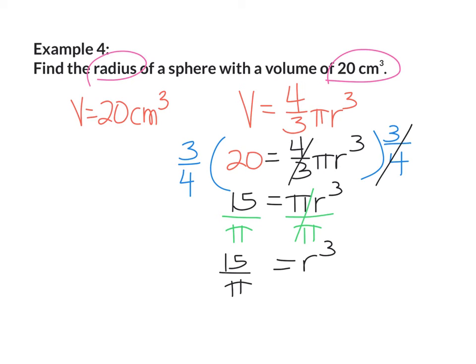So the last step is to take the cube root of both sides. So the cube root of r cubed is just r. And then 15 divided by pi, and then take the cube root of that, will give us 1.68 centimeters. So that means r is approximately 1.68 centimeters.